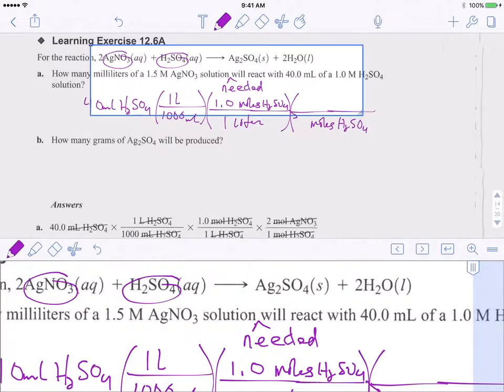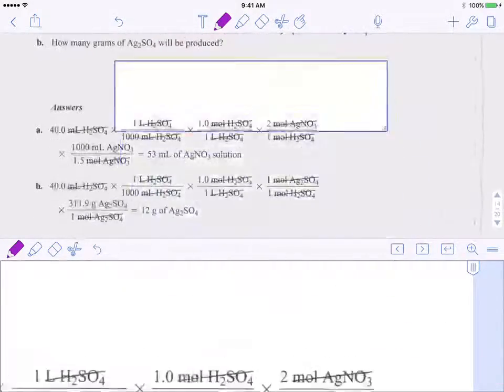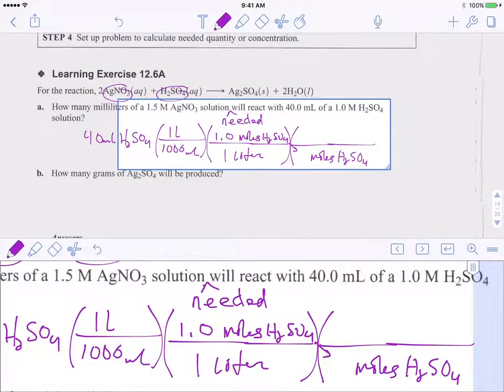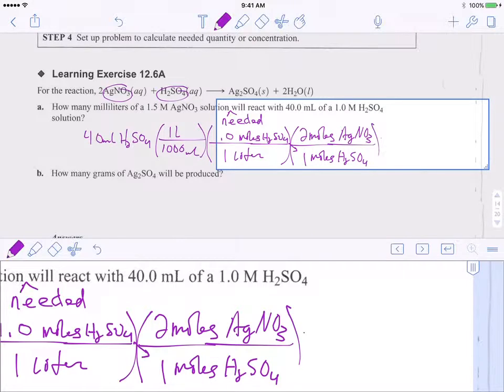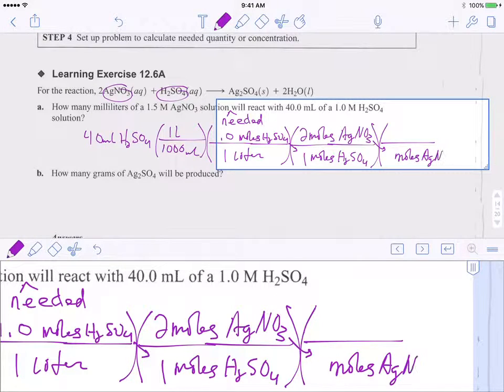Well, it looks like I have 1 mole to 2 moles in my molar ratio. 1 mole of H2SO4 to 2 moles AgNO3. So, excellent. Now what unit goes down here? Moles of AgNO3. Alright, well how many moles?